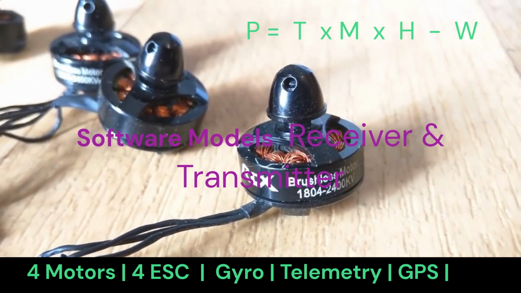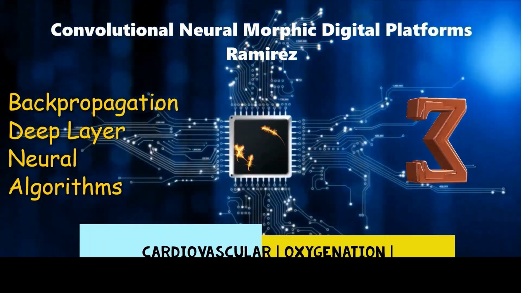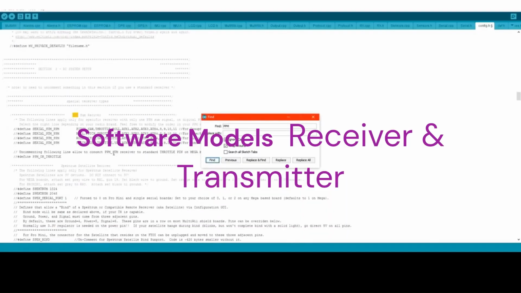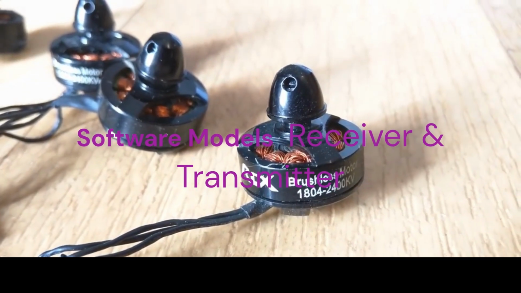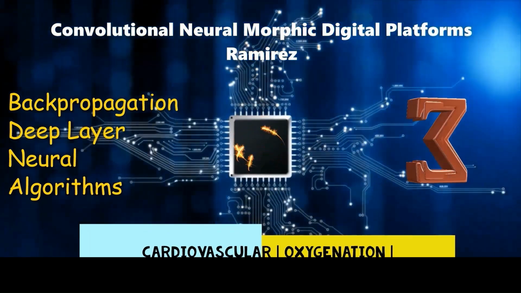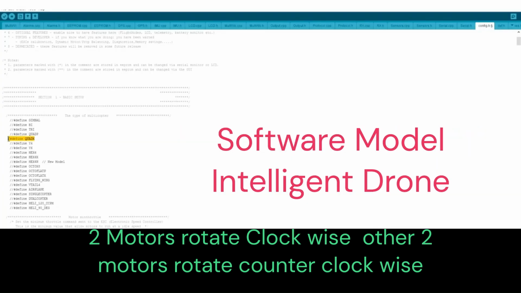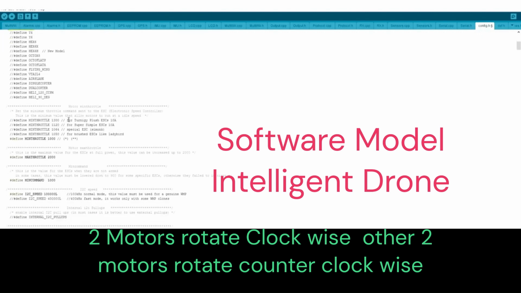and the thrust of the motors will be as follows. Here, the motors are arranged almost as if they lie along the corners of an imaginary square. Two of them rotate clockwise, while the other two motors on the other diagonal rotate anti-clockwise.